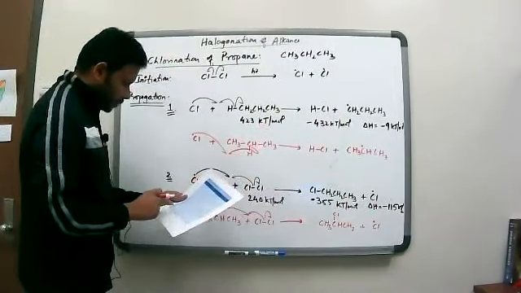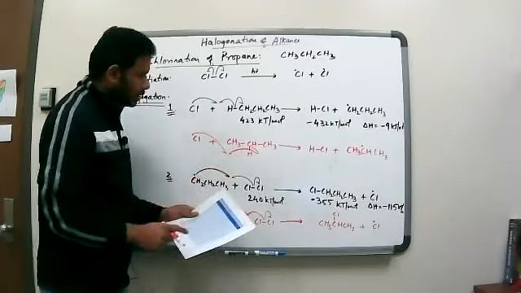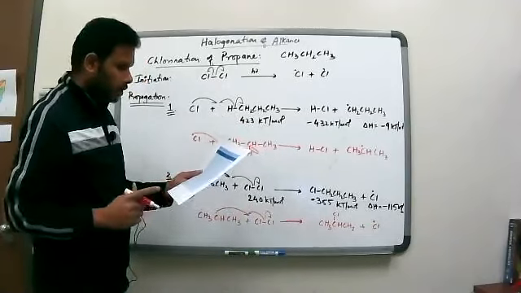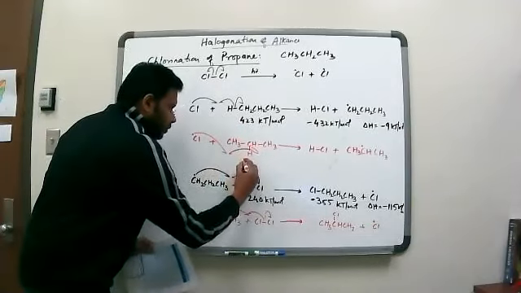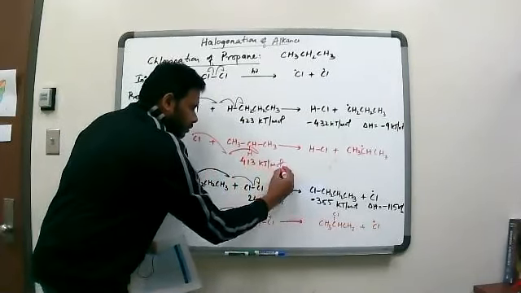And to break a secondary carbon-hydrogen bond, which is what we're doing here, second column top, bonds to secondary carbon-hydrogen bonds, the energy required is 413 kilojoules per mole.